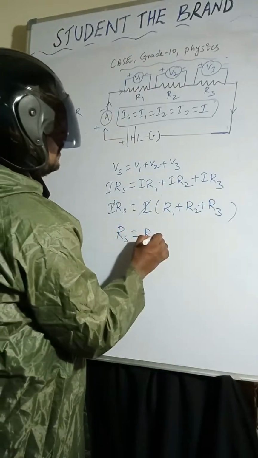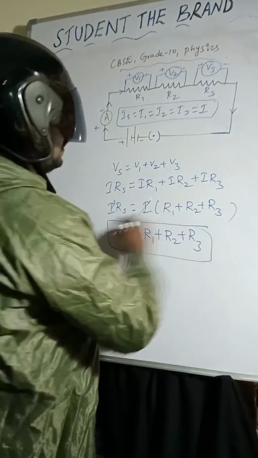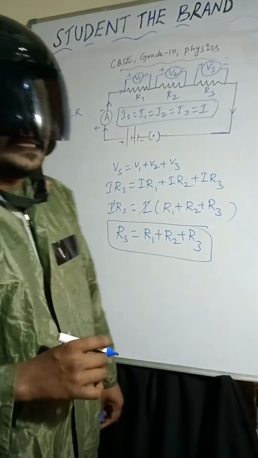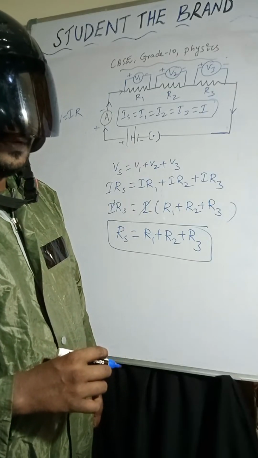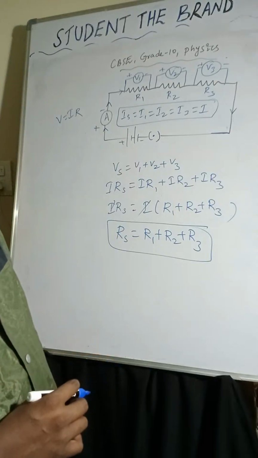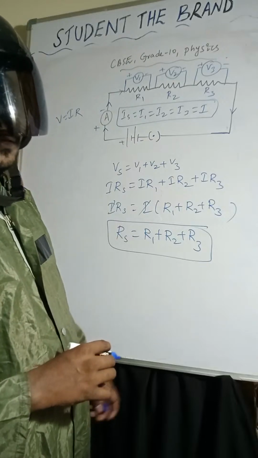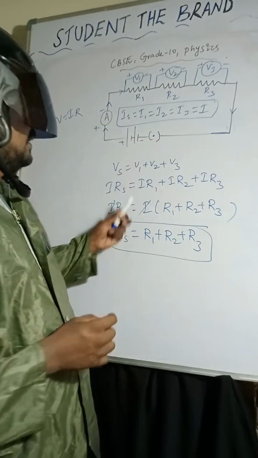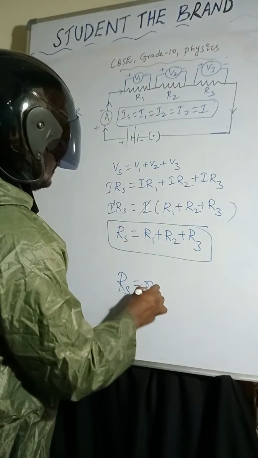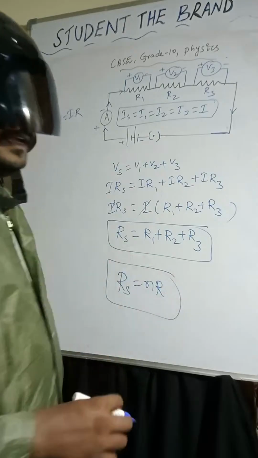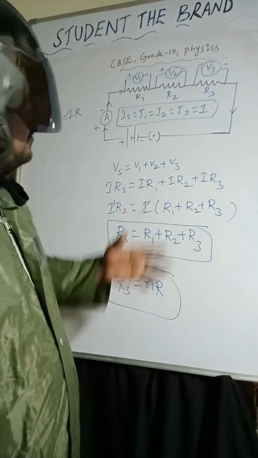Rs equal to R1 plus R2 plus R3. So this is the resistance in series combination. Okay. So total resistance in series combination: if n number of resistors are connected in series, Rs equal to nR. Right? I hope it is very clear.